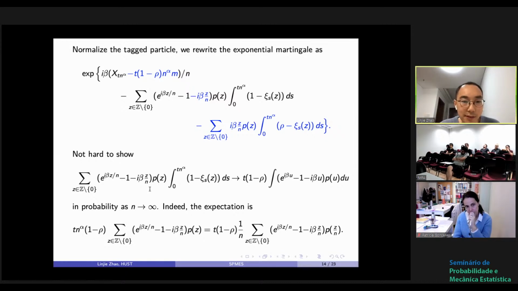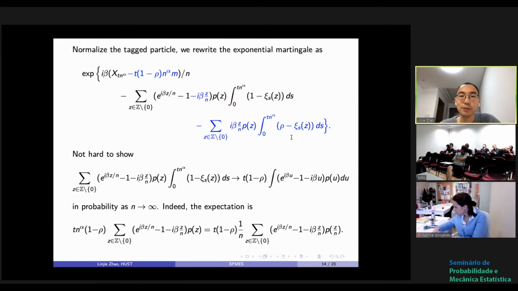Since we assume p_z is homogeneous, we write p_z as p(z/n) times 1 over n to 1 plus alpha, which cancels this n to alpha and leaves 1 over n here. This term is a Riemann sum, so it converges to this integral. This is how this integral comes out, and it is actually the characteristic exponent of the limiting wave process.